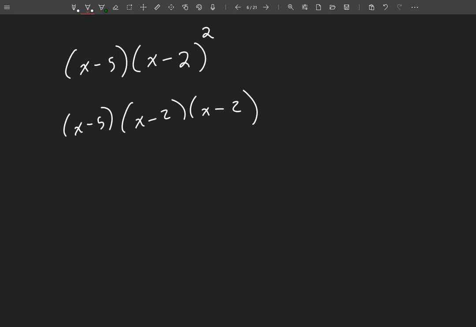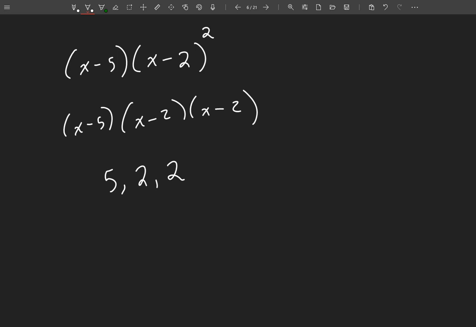Okay? So now I have 3 roots. I have a 5, I have 2, and I have another 2. Now some of you might have some questions at this point, because I said I had 3 roots, and obviously there's 3 factors, so that means I have to have 3 roots, but it looks like I have 2 roots. I have 5, and then I have 2 twice.